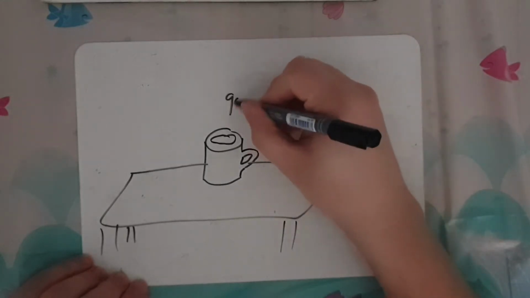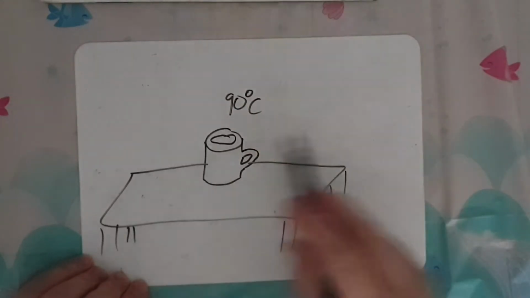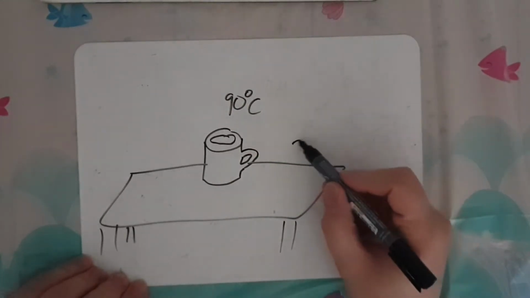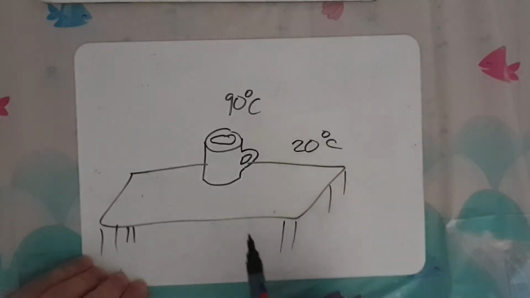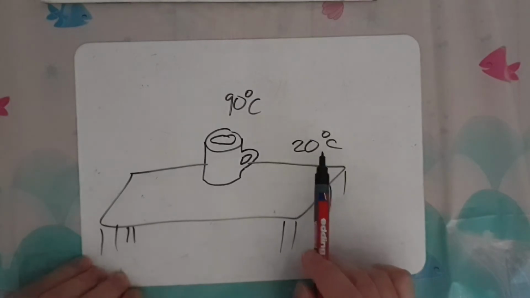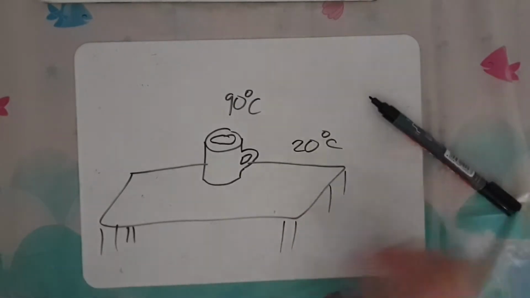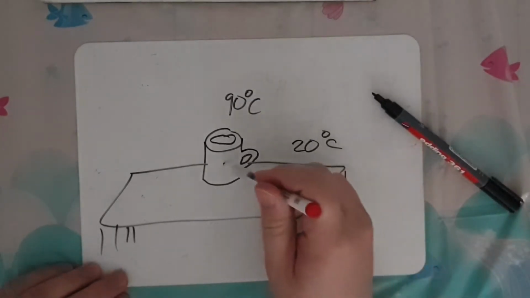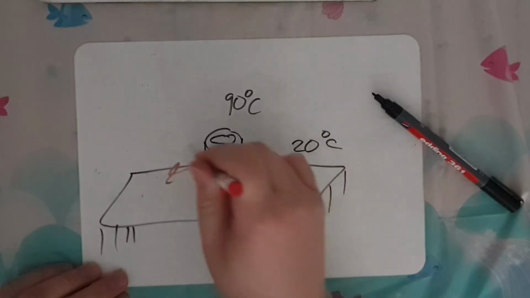We'll say the temperature of it is 90 degrees C. And let's say the temperature of the room is 20 degrees C. So the drink is hotter than the room, so it loses heat. It radiates heat to the room.